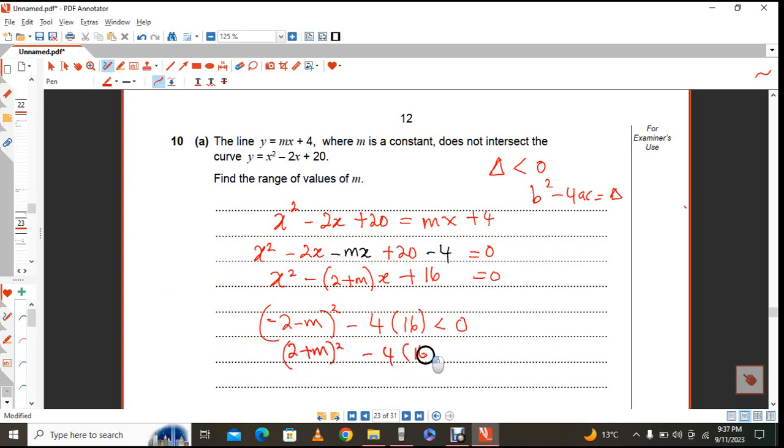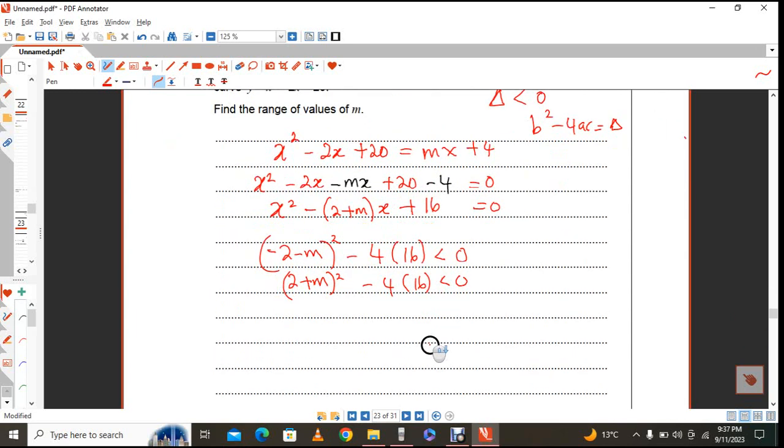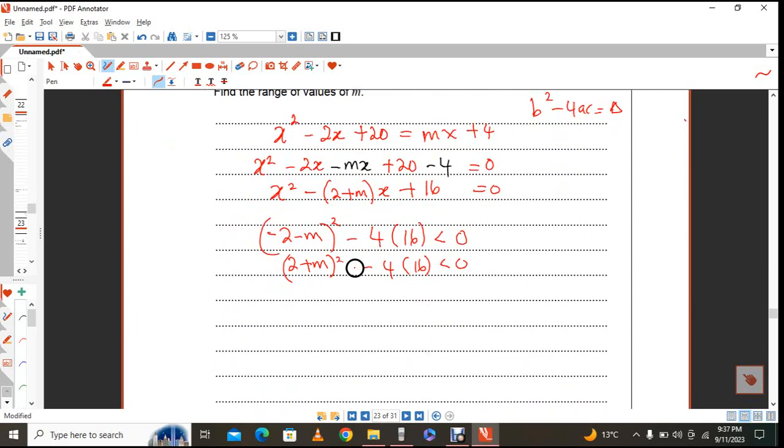You just want to make it a little bit easier for you to find that. Doesn't matter, you're going to get the same thing. So this is the same then as m plus 2, which gives me m squared plus 4m plus 4 minus, so when you multiply these two, you get a 64 over here. Should be less than 0. So obviously m squared plus 4m, and then you have minus 60 is less than 0.